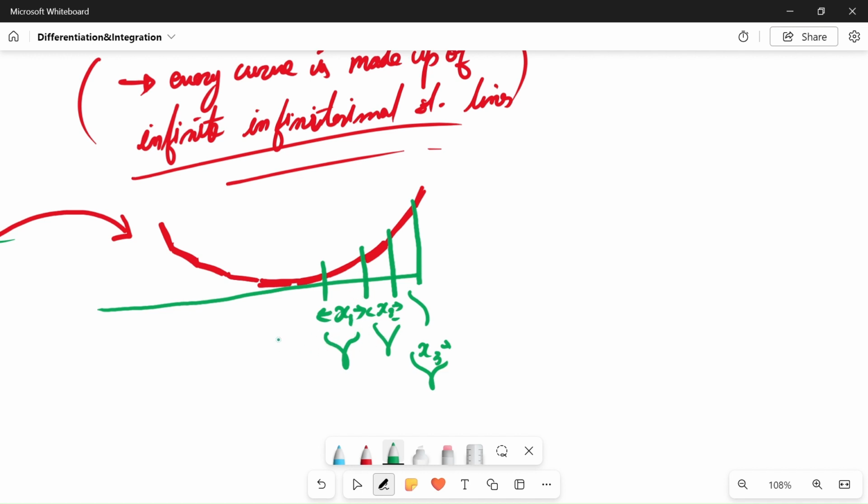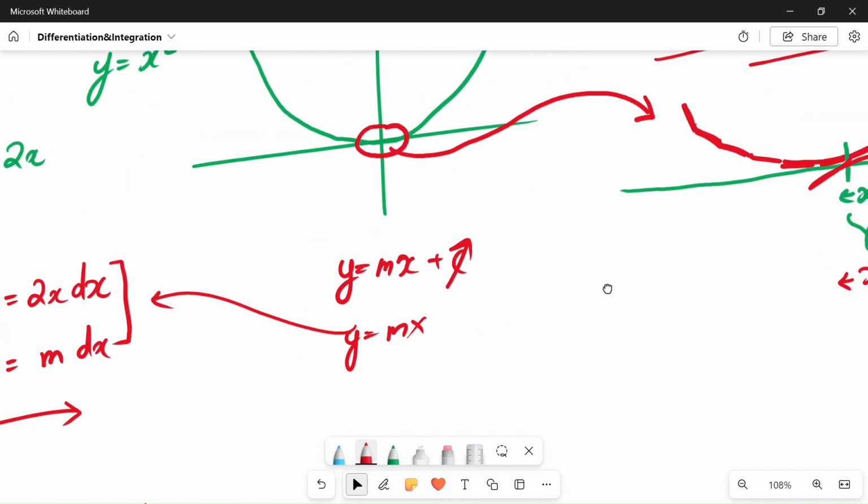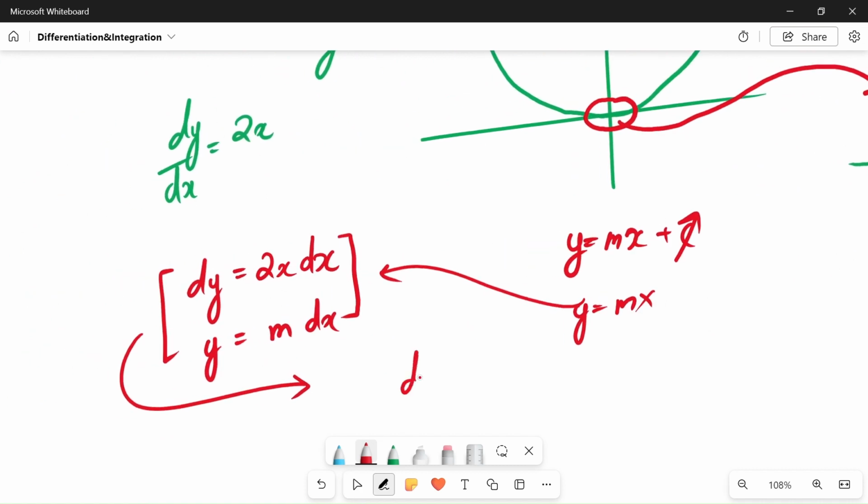So if I want the equation of the straight line in the neighborhood of the point x1, then if I substitute x1 in this equation, I will get dy equals 2x1 dx. So this will be the equation of the straight line.